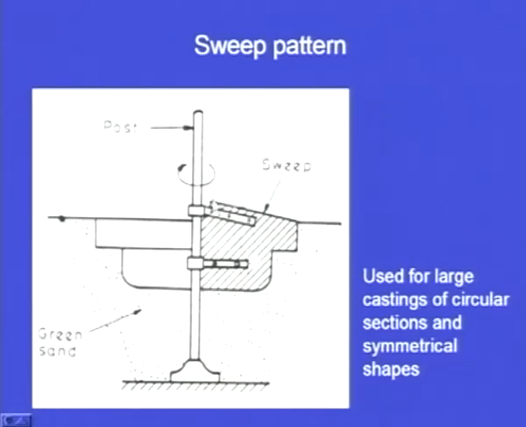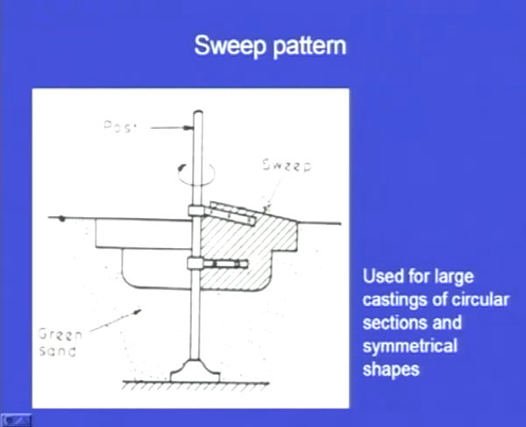This plate is clamped to a central post and kept inside the molding box, which has green sand. Green sand means molding sand with moisture. We insert this board, which we call the sweep, and slowly start rotating it about this post. As it rotates, it removes the material.